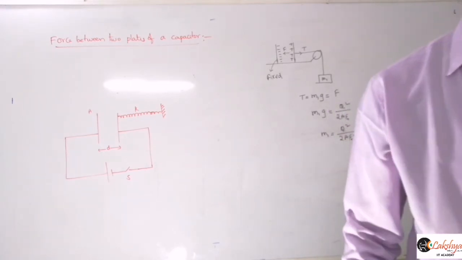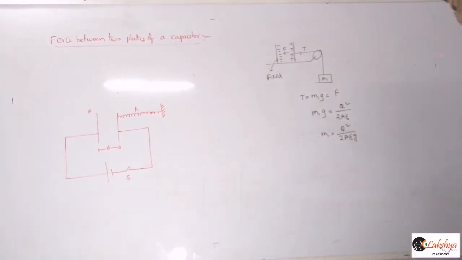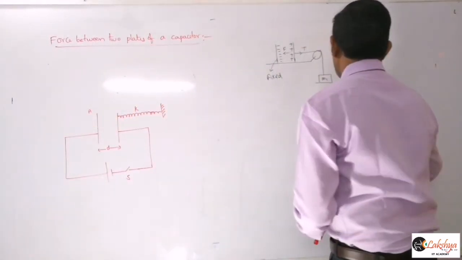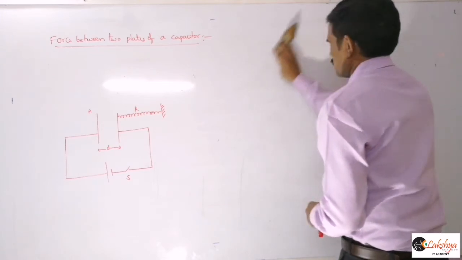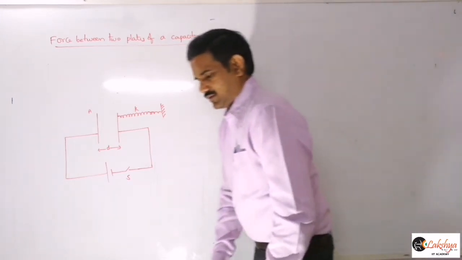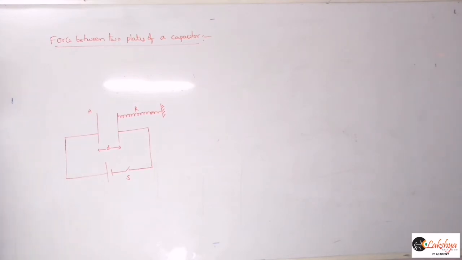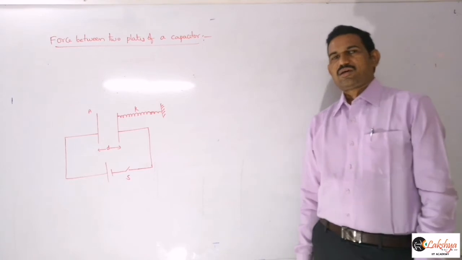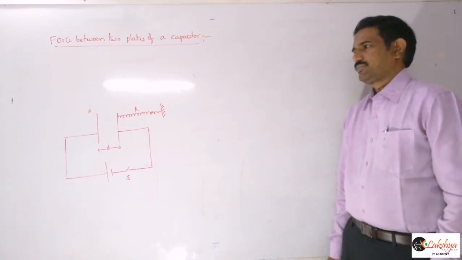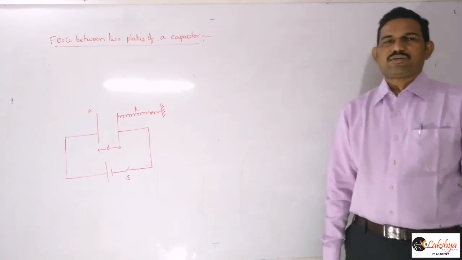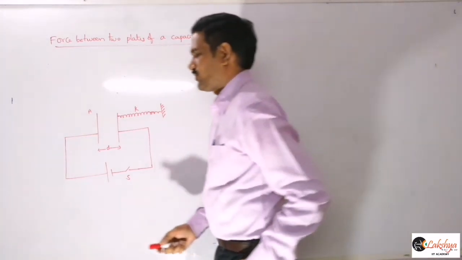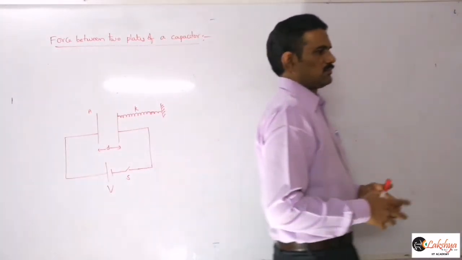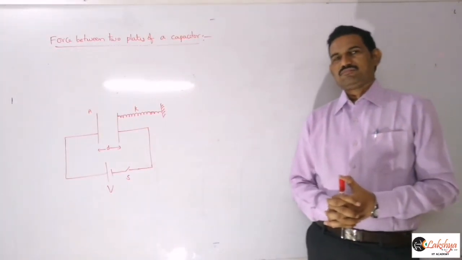So note down that question. One plate of the capacitor is fixed, and the other plate is connected to a spring as shown. A is the area of each plate, and D is the initial separation between them.